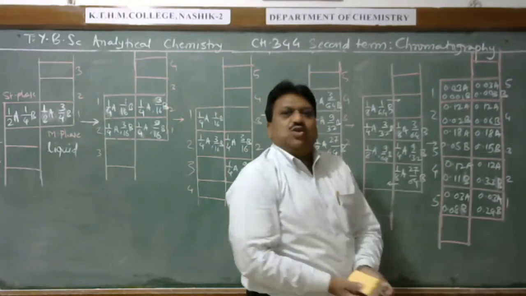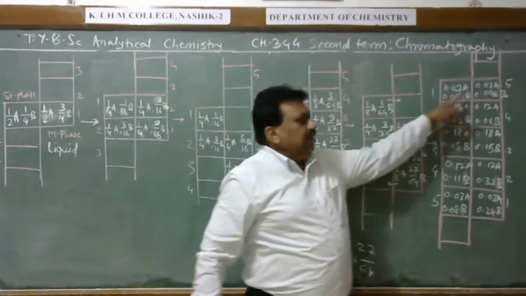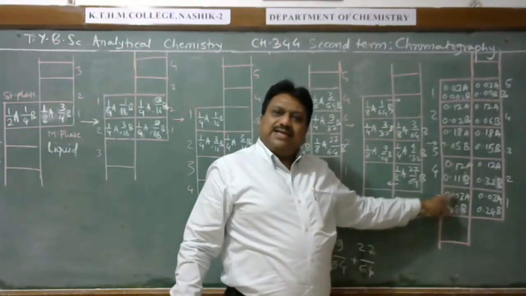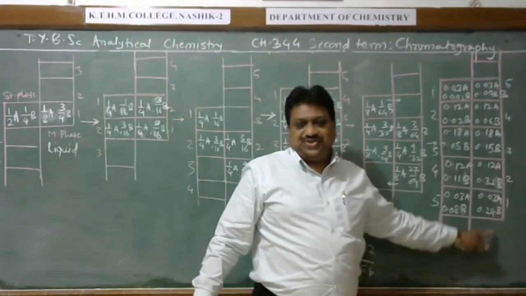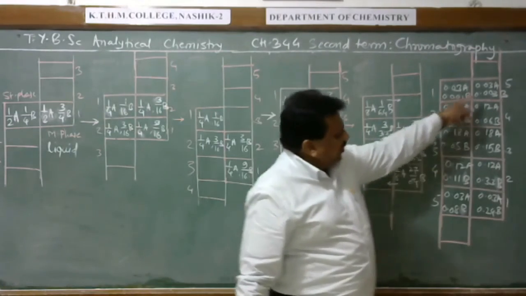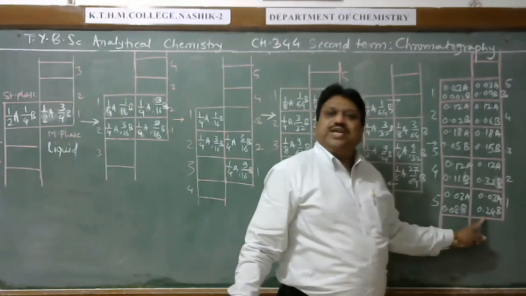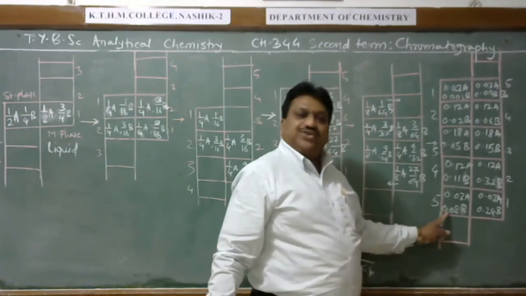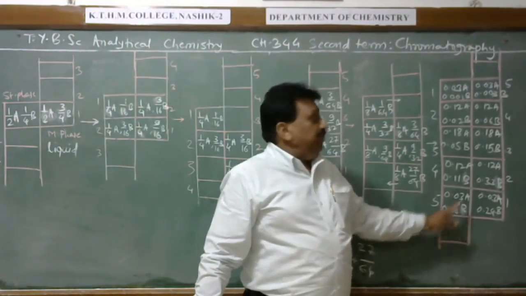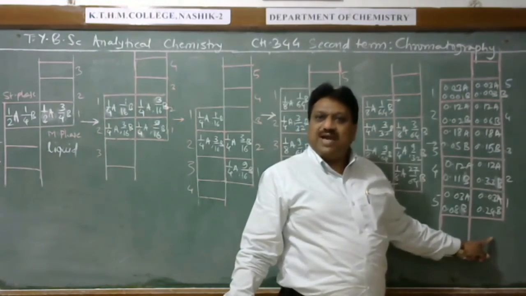In this case, you will observe that A and B both are migrating through the mobile phase as well as the stationary phase. But the concentration of B is more in the mobile phase compared to the concentration of B in the stationary phase, because B is more soluble in the mobile phase.